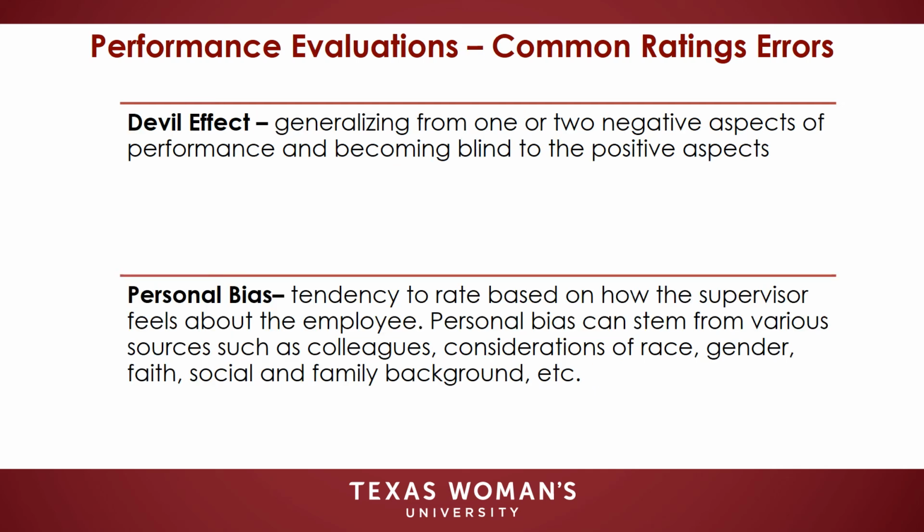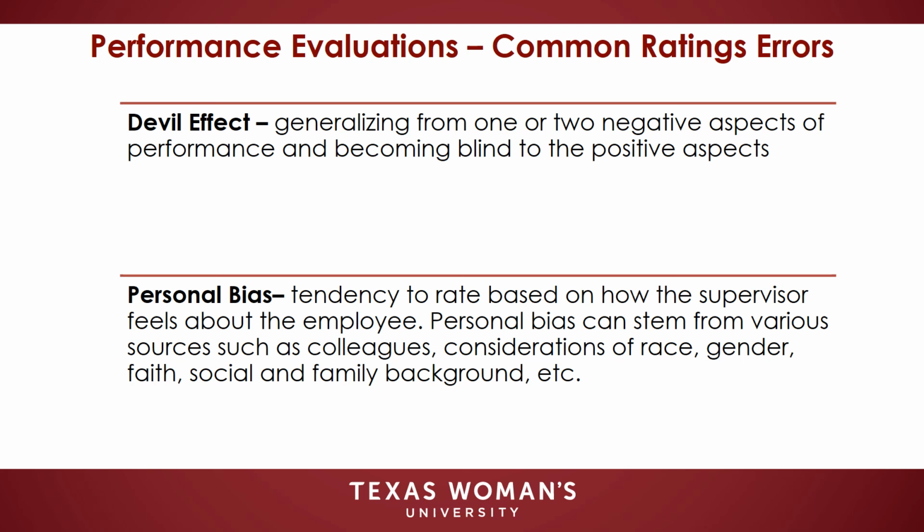The devil effect is just the opposite of the halo effect. This is when a supervisor takes one or two aspects of an employee's performance that might be negative and then rates that employee based on that piece. They become blind to the positive aspects of an employee's performance, and the overall performance of the employee tends to be negative.